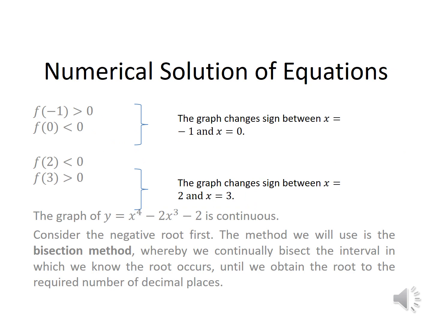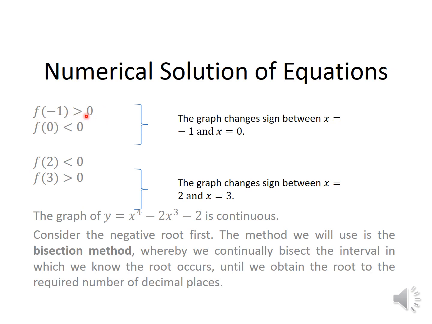Based on the graph, it changes sign between x equal to -1 and x equal to 0. For the first root, it's between x equal to -1 and x equal to 0. So we have f(-1) is a positive value.